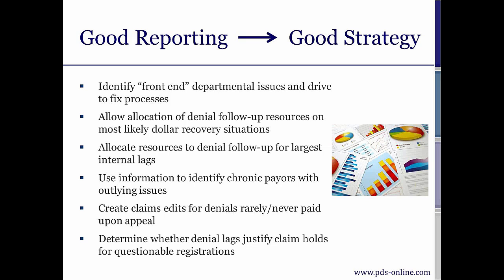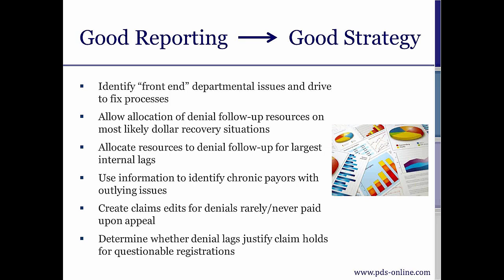What are some front-end issues that you have that are driving your denial rates, and can you put processes in place to fix those? When we're talking about the likelihood of getting paid, can we reallocate our follow-up resources towards those follow-up tasks that are more likely to yield a payment upon appeal versus those that we know probably are not likely to get paid upon appeal?